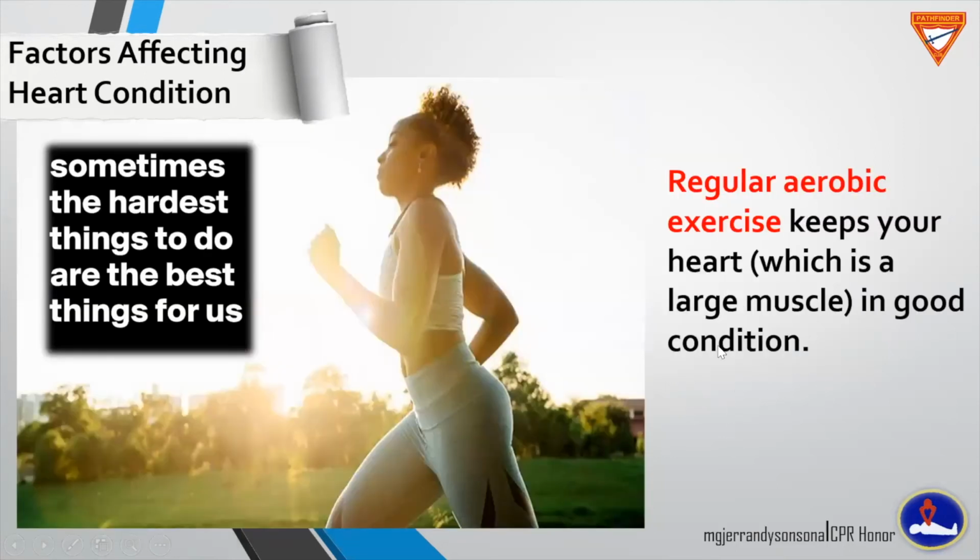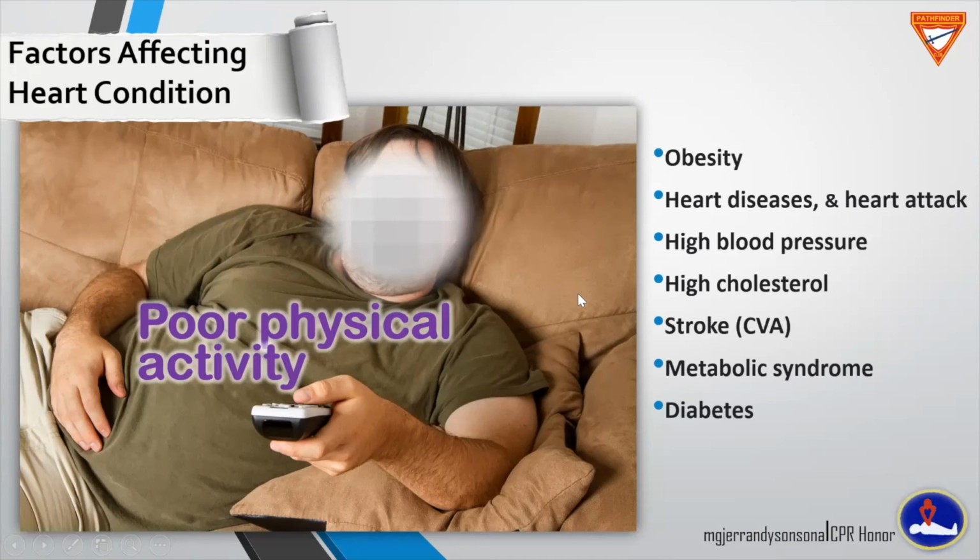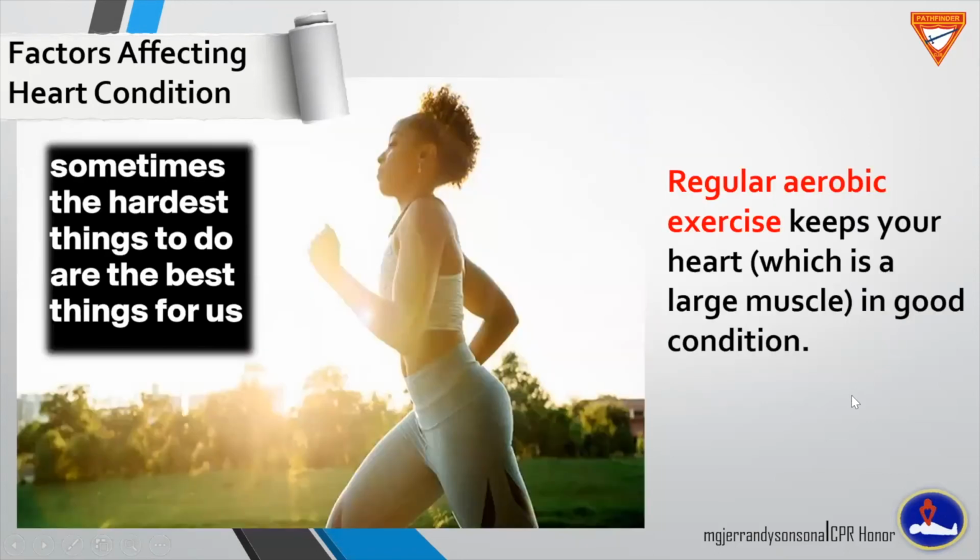What do we do in order for us to have a healthy lifestyle? It is to do regular exercise. Sometimes the hardest things to do are the best things for us. It's just hard to go out and exercise, especially here in the country that we are living in.